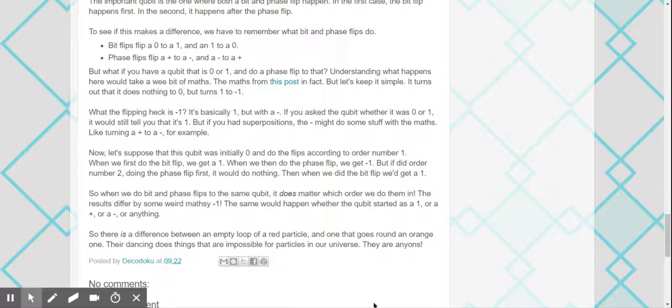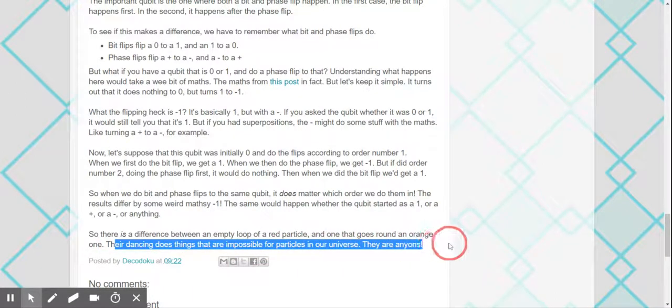Then when we did the bit flip, we'd get a 1. So when we do a bit and a phase flip to the same qubit, it matters which order we do them in. The results differ by some weird mathsy minus 1. The same would happen whether the qubit started as 1 or plus or minus anything. So there's a difference between an empty loop of a red particle and one that goes around the orange one.